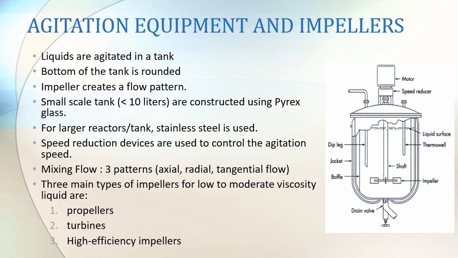Three main types of impeller for low to moderate viscosity liquids are known as propeller, turbine and high efficiency impellers. Impeller here is the general term. Propeller, turbine and high efficiency impeller are the specific types of impeller.